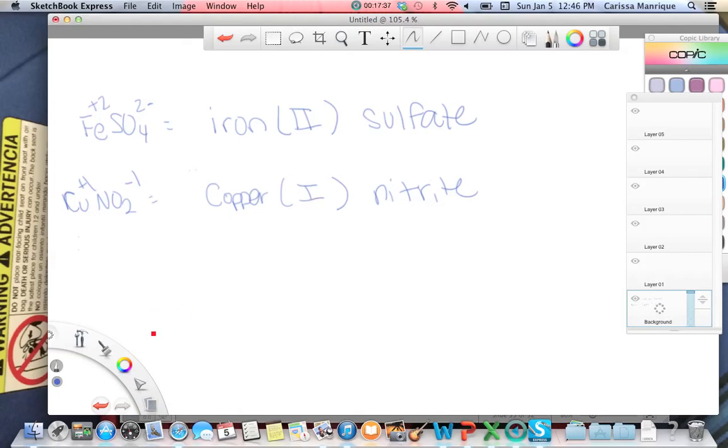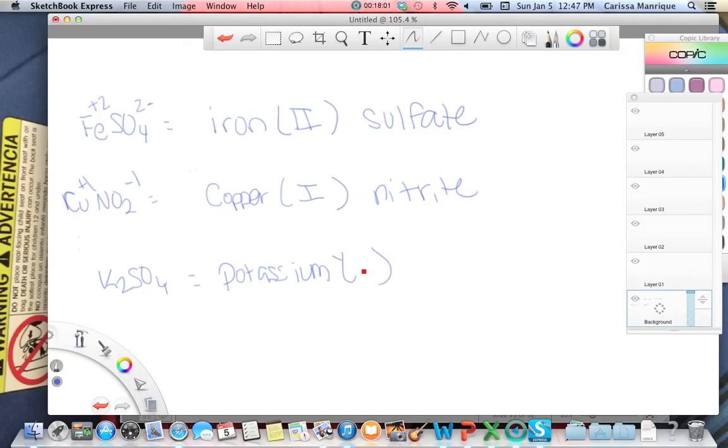Okay, let's do K2SO4. So potassium, is that a main group or is it a transition metal? If you look on your periodic table, it's in group 1, so that's a main group. So I'm going to just put potassium. Okay, now let's think. Do I need a parentheses?